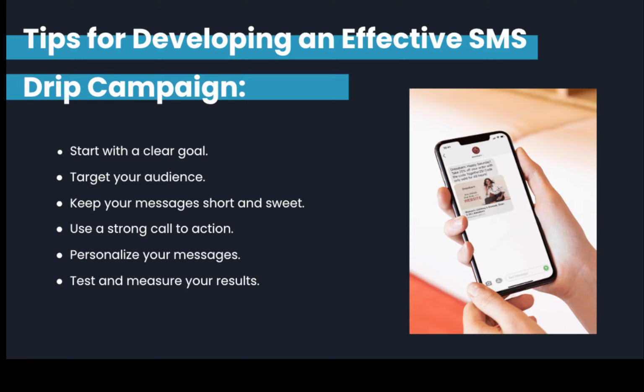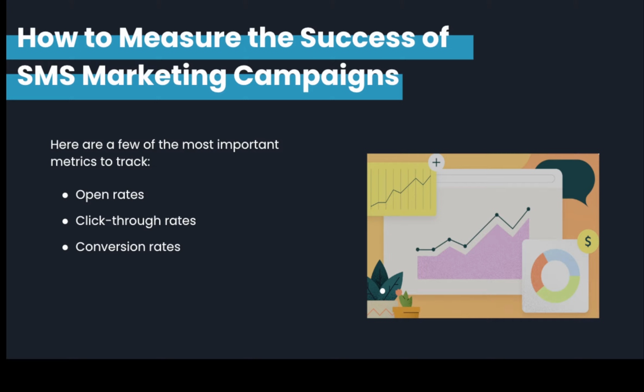Lastly, you'll want to make sure to test and measure your results. Tracking the results for your campaign can help you see what is working, what's not, and easily pivot to optimize the campaign and get better results over time. So how would you measure those campaigns? There are really three good metrics to review.